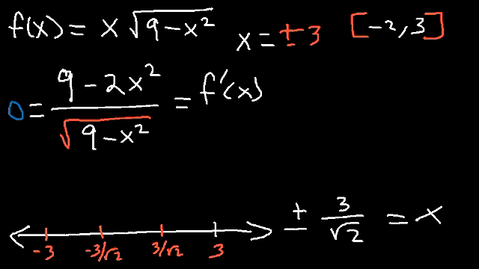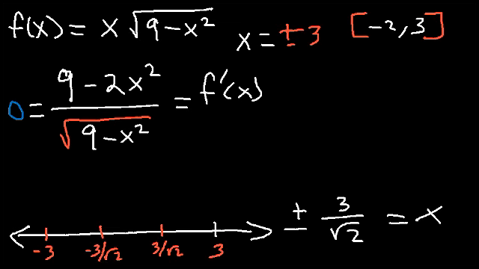And if you plug in anything past 3, it won't be defined because you'll have a negative inside the square root. So the domain of this function is restricted from negative 3 to 3. Plus we have that restriction. So let's plug in a number between 2.12 and 3. So let's try 2.5. 9 minus 2.5 squared, that's going to be a positive number.